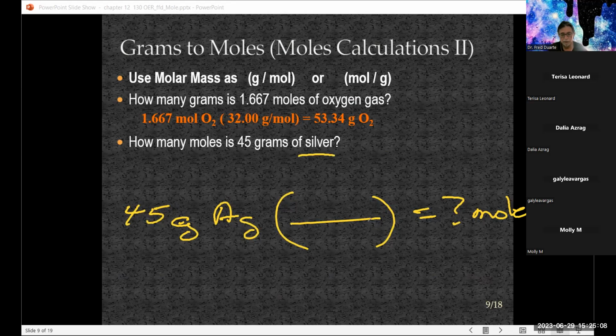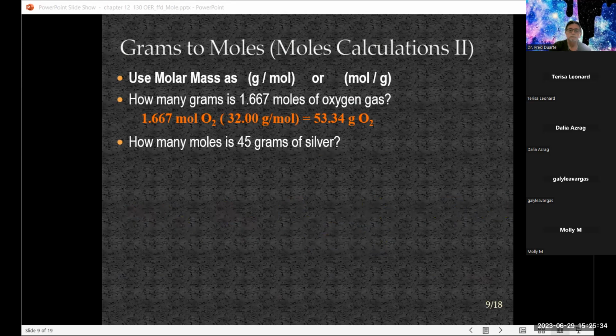We need grams in the denominator and moles in the numerator. Using the periodic table, I believe it's 107.87 grams for 1 mole. I got this from the periodic table. Here it is, 107.87. Notice my grams cancel.